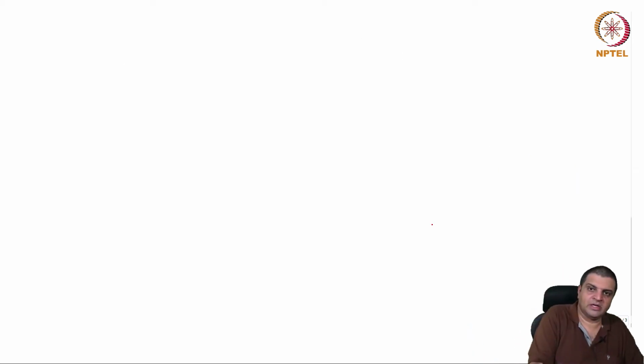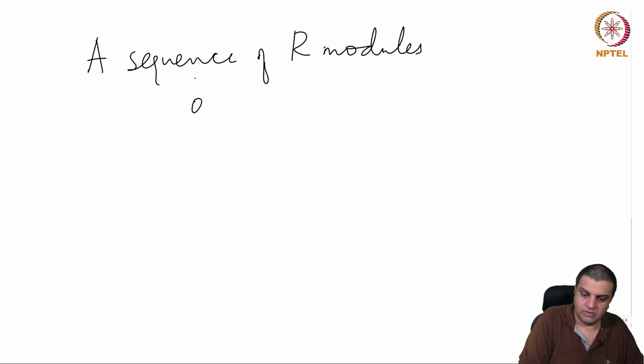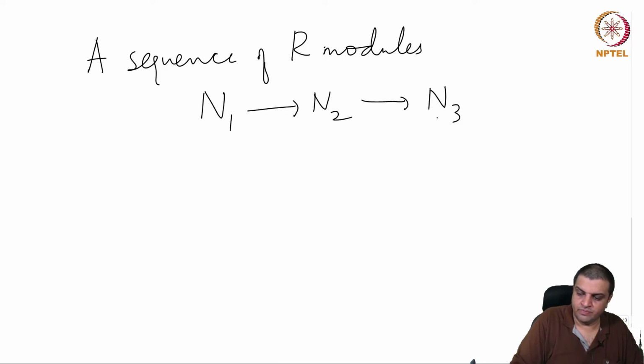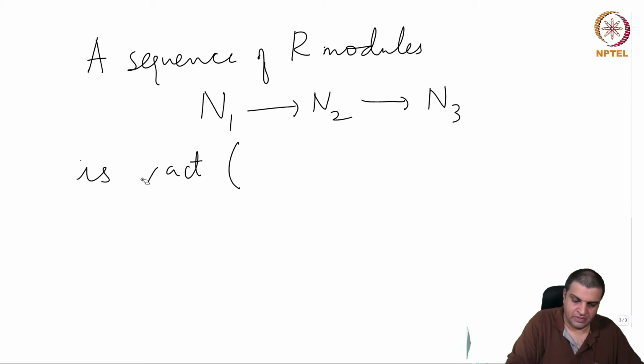Okay. So now we would like to define what is called an exact sequence. A sequence of R modules N1 to N2 to N3 is exact at N2. Whenever we say exact, it only applies at a place where there's a map coming in and a map going out.